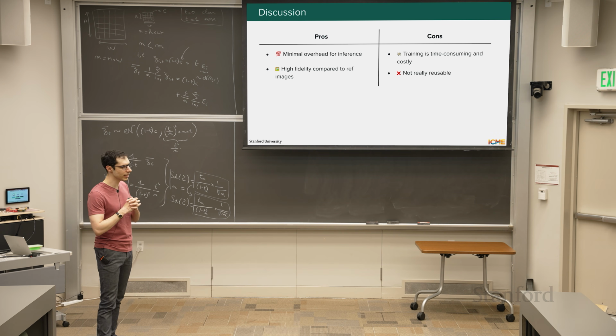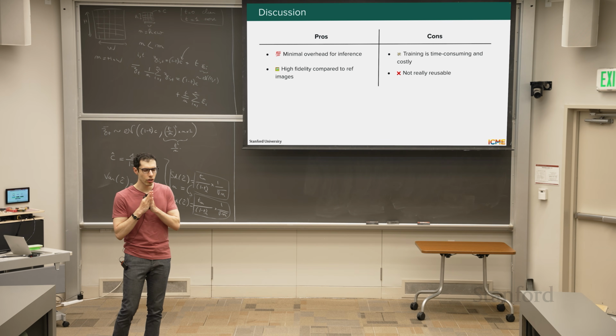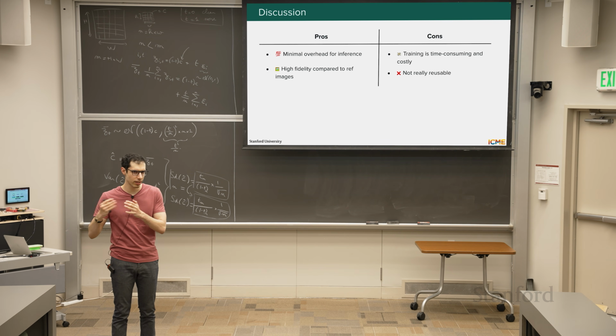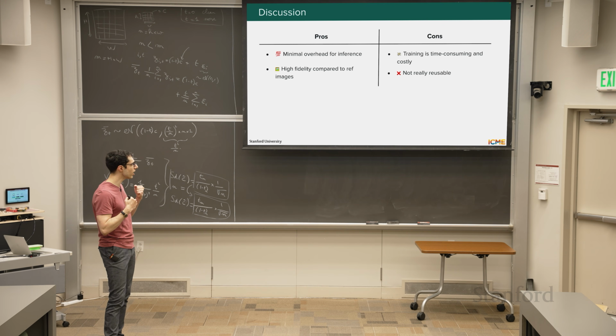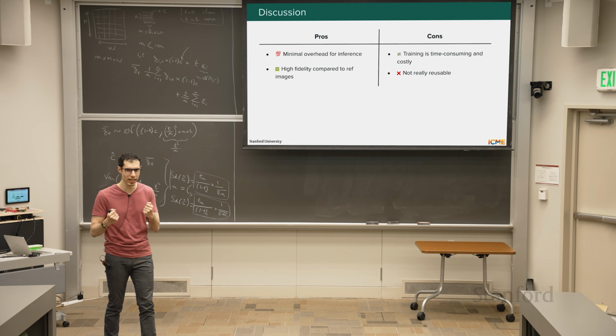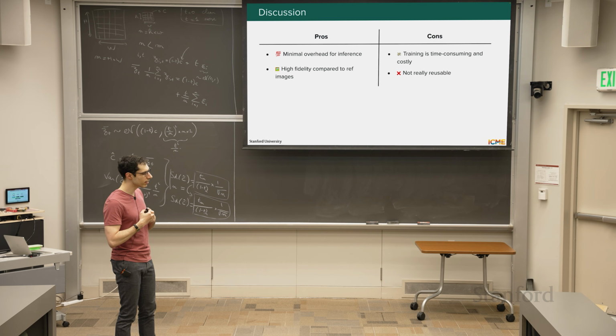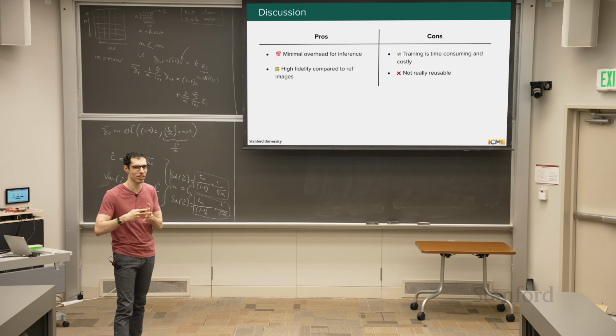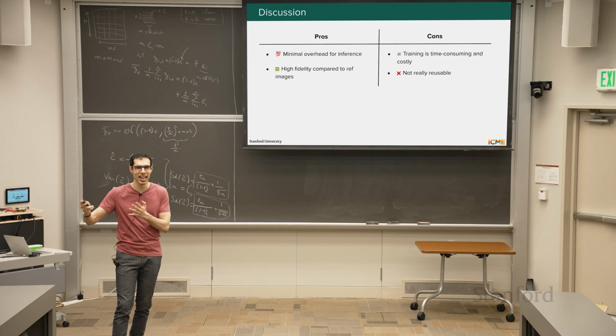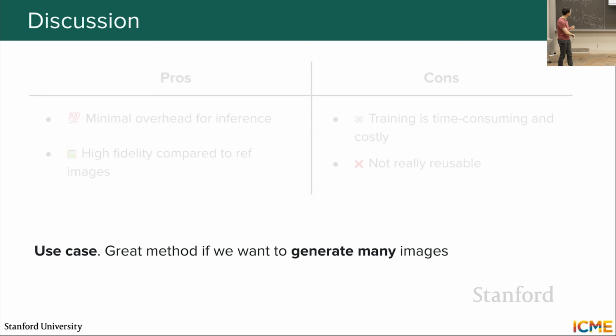But the con here is if you need to do that for a lot of special cases, well, you will need to absorb the training costs, which is pretty time-consuming and costly. And also, it's something that you cannot really reuse if, for instance, you want something else in your images.